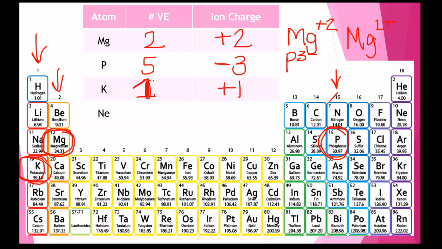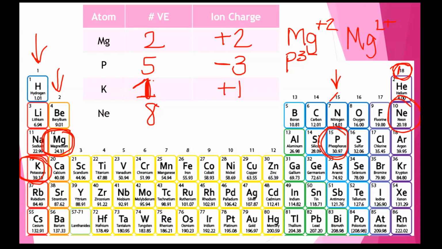Then we have neon. Neon is found all the way in group 18, atomic number 10. So if it's in group 18 and we knock off that 1, that means we have 8 valence electrons. If we already have 8 valence electrons, we don't need to gain or lose any electrons to get a full outer shell. We already have 8.